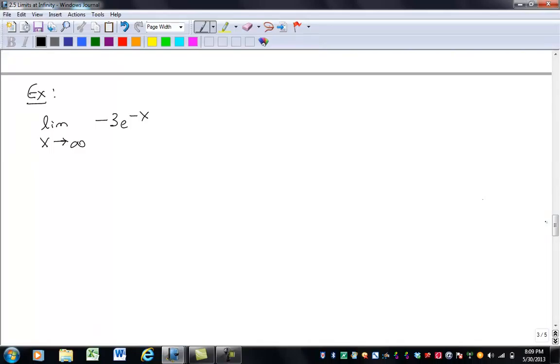This is a limit you just have to remember from the graph. And to help you visualize what's happening, here's a picture of e to the negative x. Well, if I took all the y values and multiplied them by -3, it would flip this thing across the x-axis and scale it.